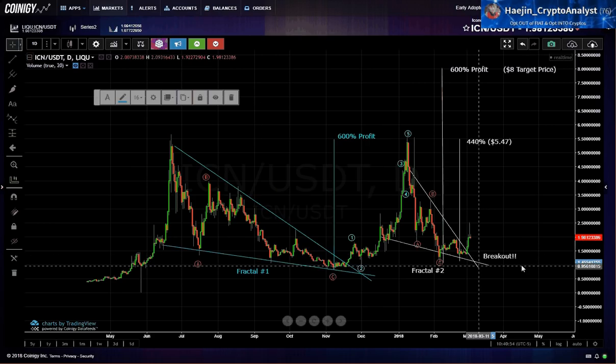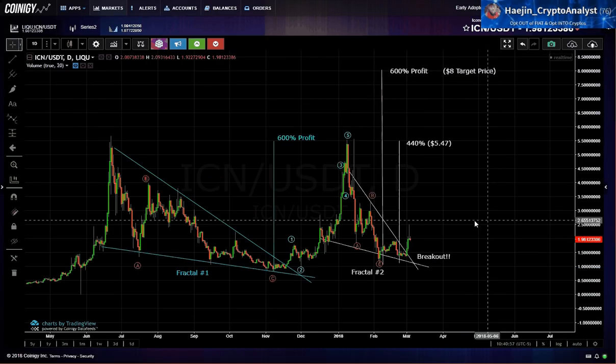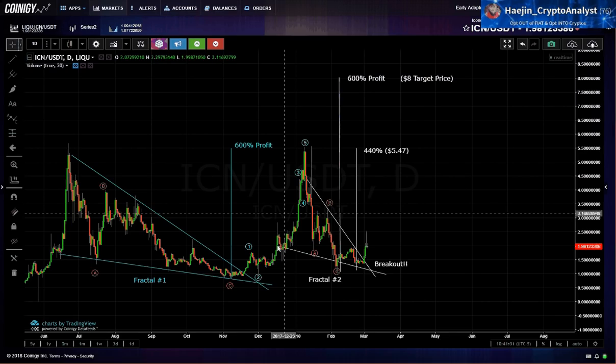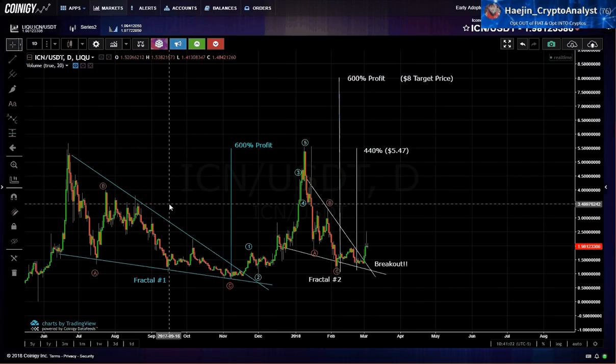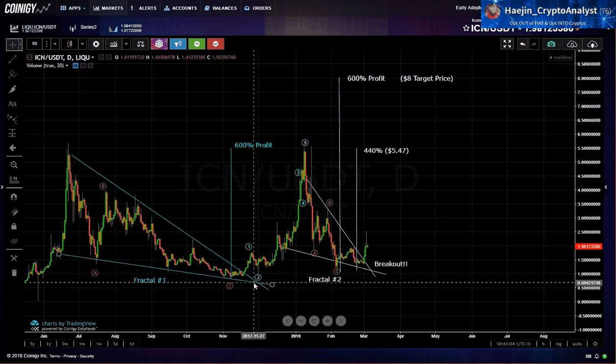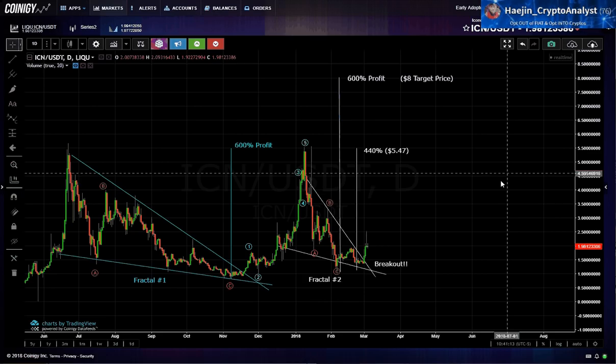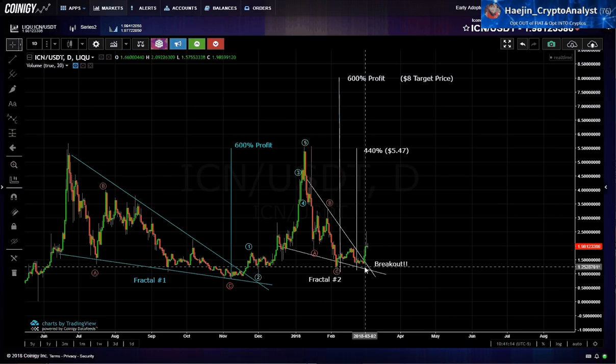Now as you add more subwaves and add more labels and patterns, fractals, it gets really busy. So the key question here is, how can we project maybe to 547? Well, I would place the waves like this.